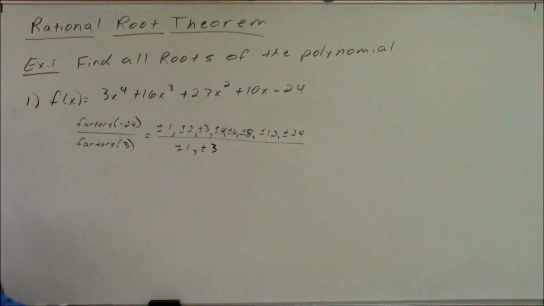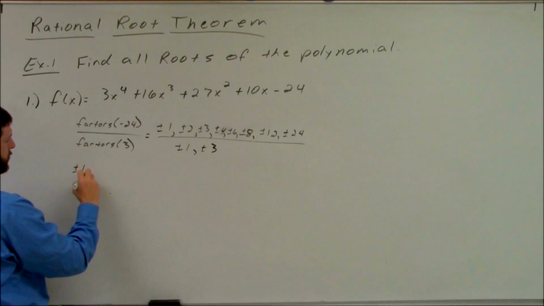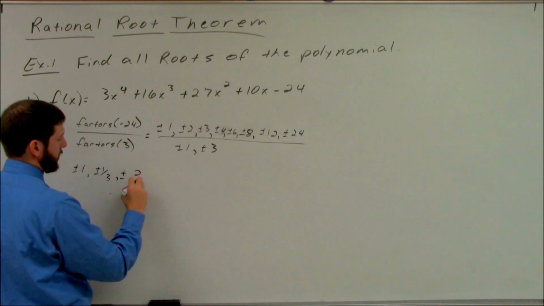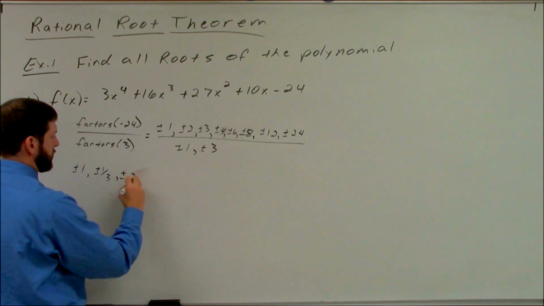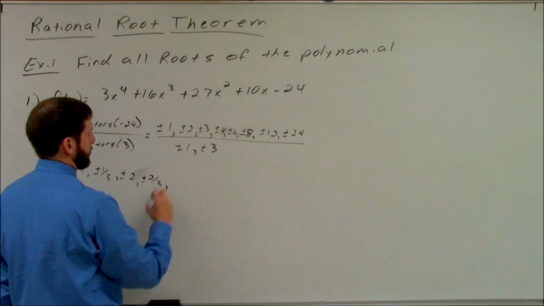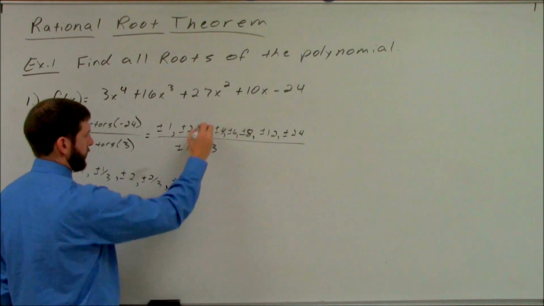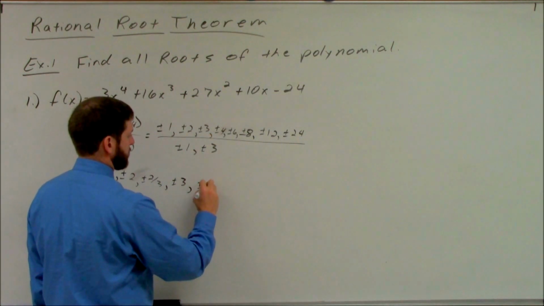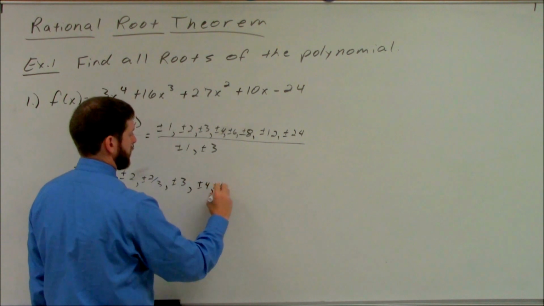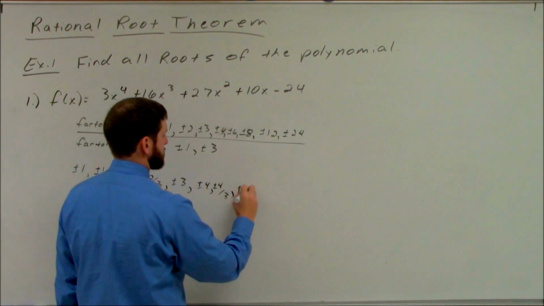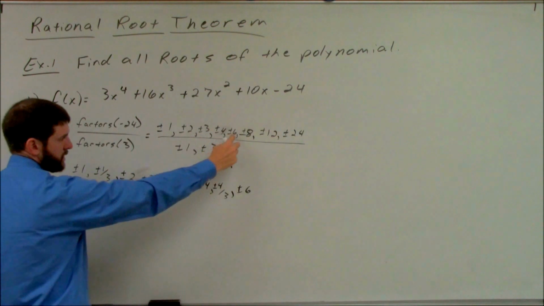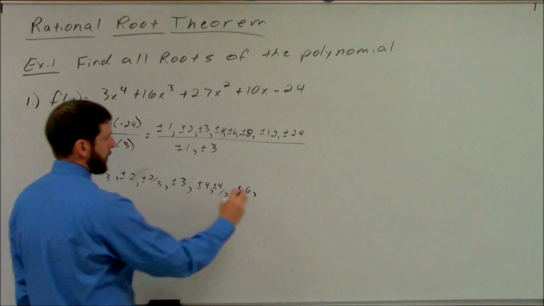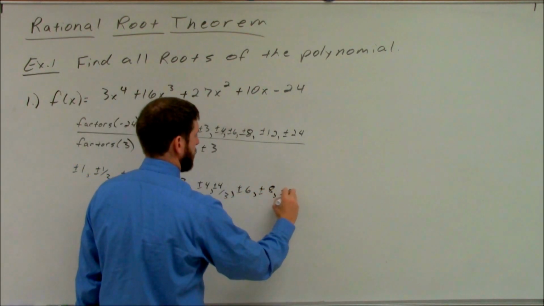So we create our possible list and do 1 over each one. So 1 and 1/3. 2 over each of them, 2 and 2/3. 3 over each of them, 3 and 3 over 3 is 1, which we already have, so we don't have to repeat that one. 4 over each of them is 4 and 4/3. 6 over each of them is 6 and 2, but we already have 2. 8 and 8/3.